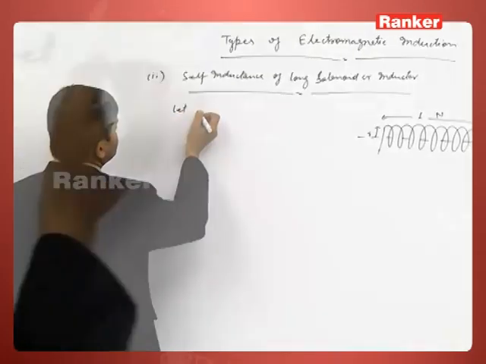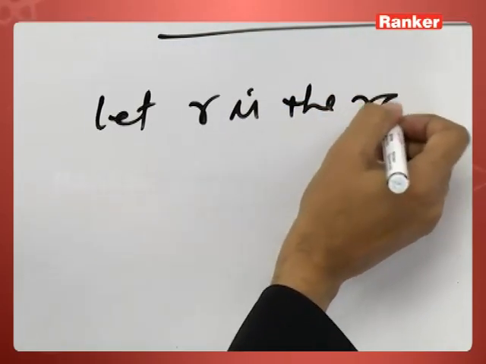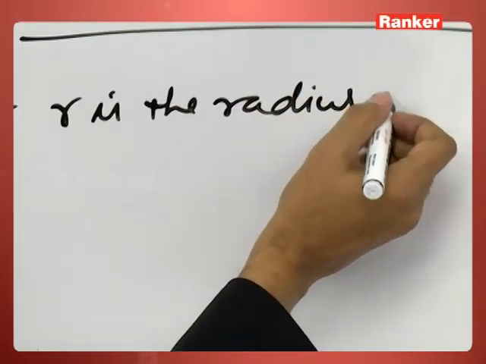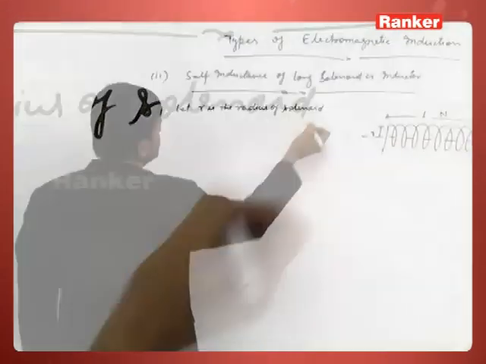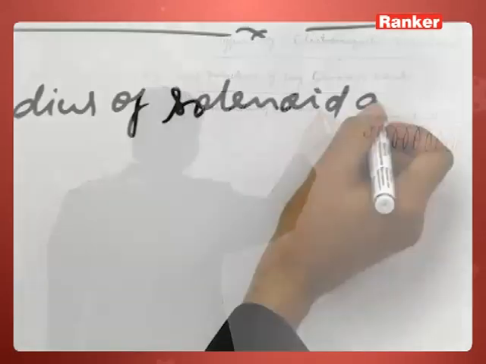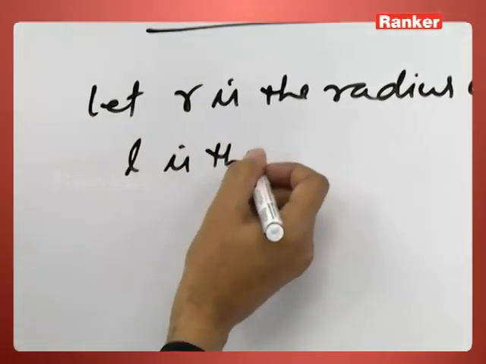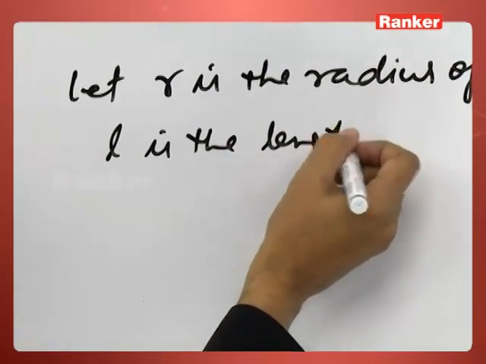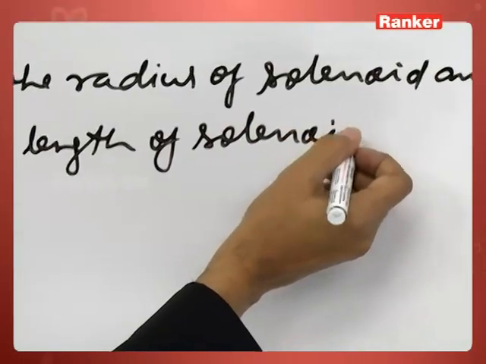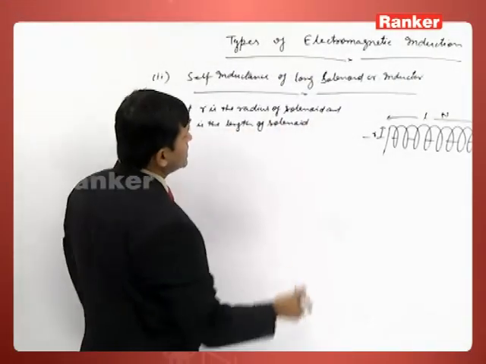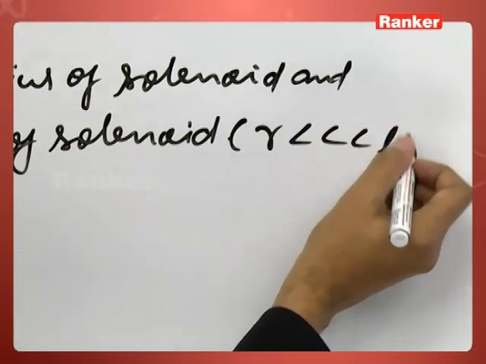So let R be the radius of the solenoid and L the length of the solenoid, and the condition is that R is very, very small compared to the length.